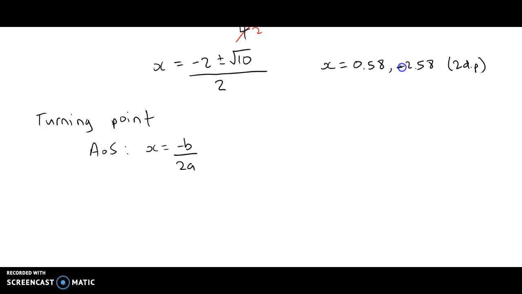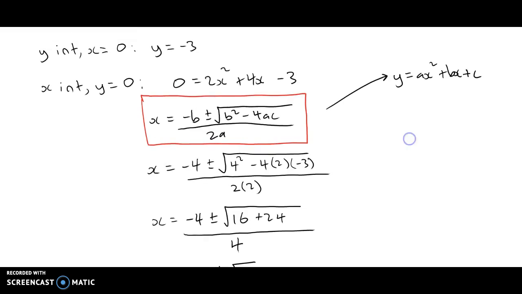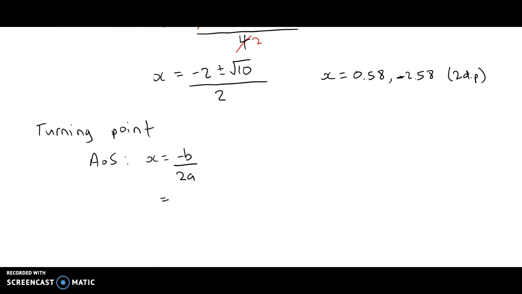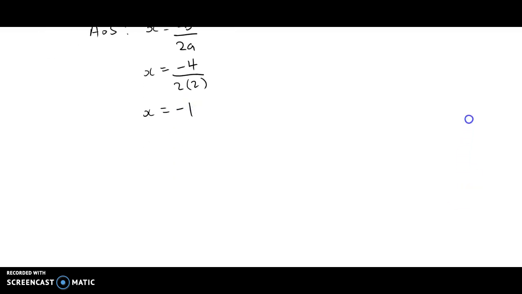If we're working with these decimals though, that can become a little bit tricky, so it might be easier just to take minus b over 2a. Our b was 4 and our a was 2, so that'll be minus 4 over 2 times 2, so we're left with x equals minus 1. That's the axis of symmetry.